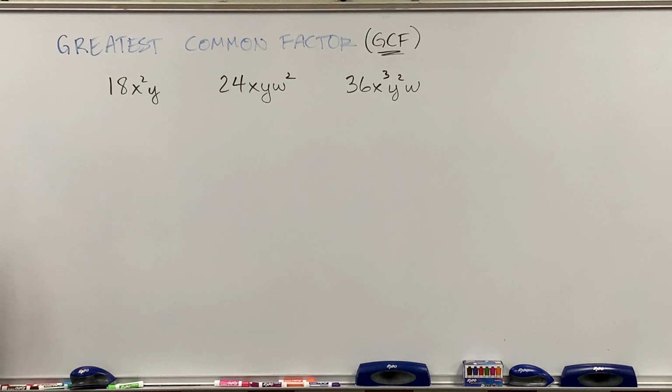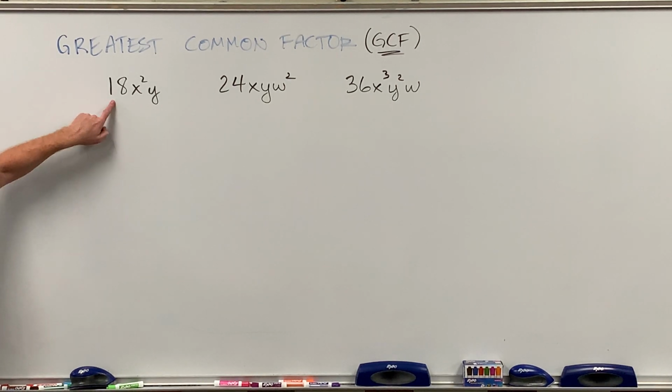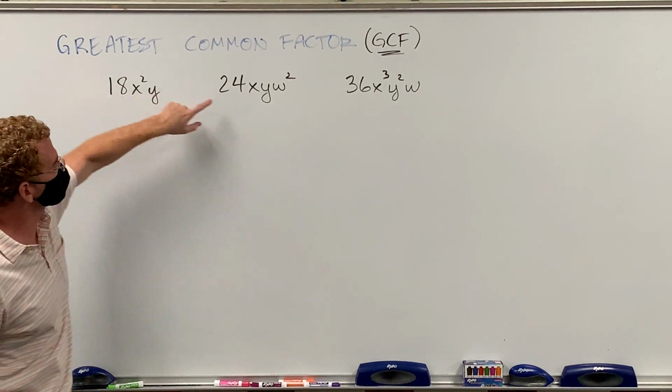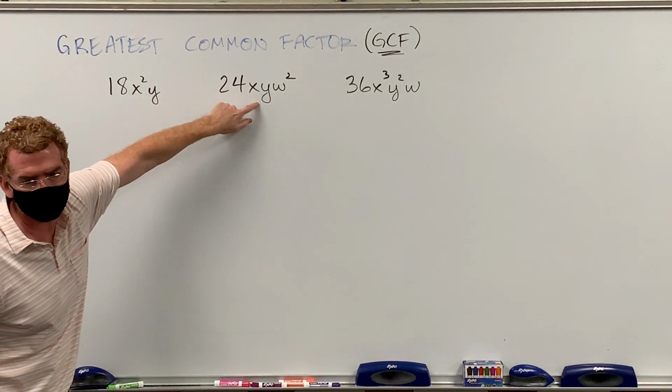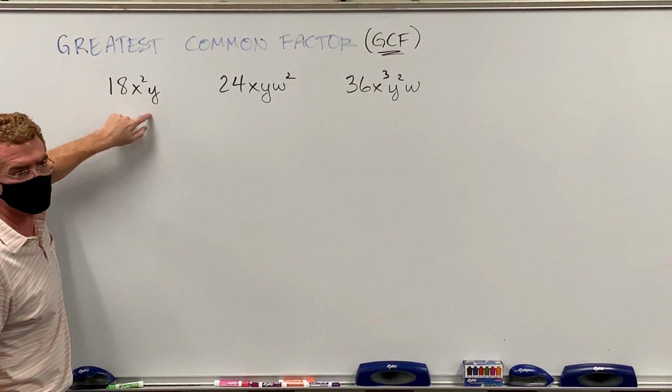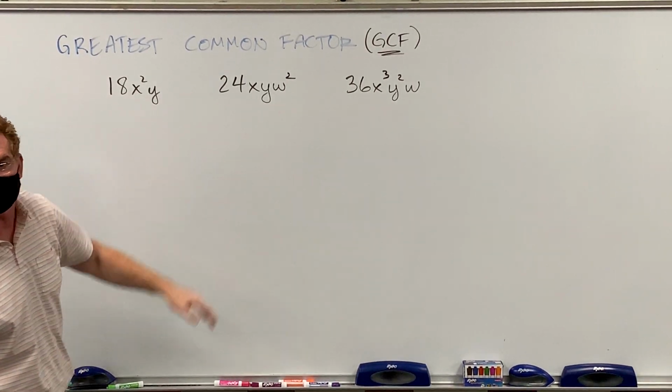And what would it have been? 6xy. So a 6 divides evenly, right? And then also, they all share a common single x, and they all share one y, but they do not all share a w.